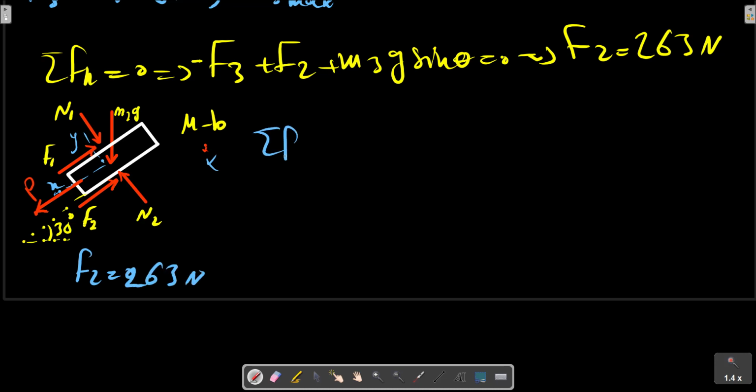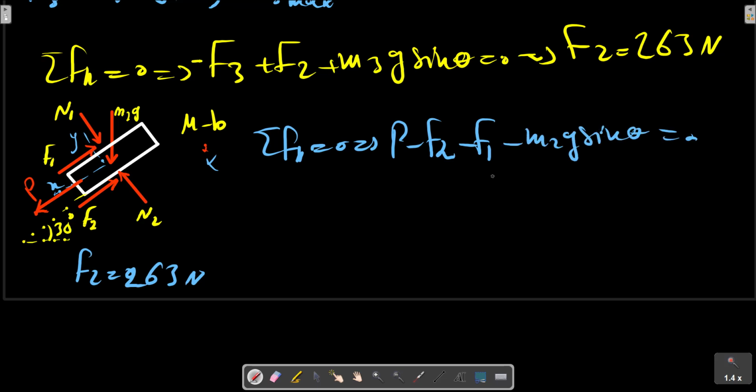So we have P minus F2 minus F1 minus M2G sine theta equals 0. F1 was calculated before.